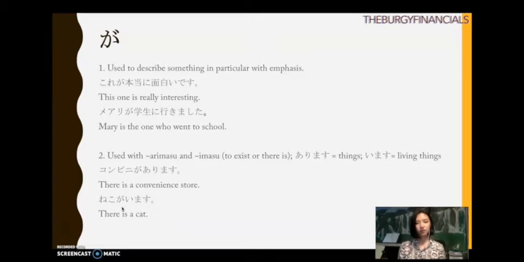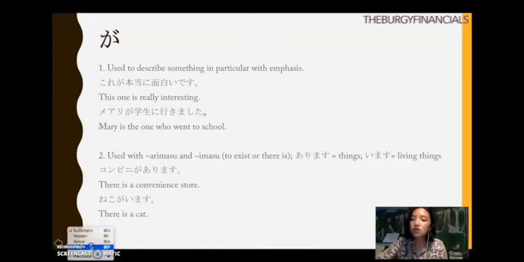For example, we want to say something is really interesting. So we would say, これが本当に面白いです。 The term ga here really emphasizes the word これ, which means this.